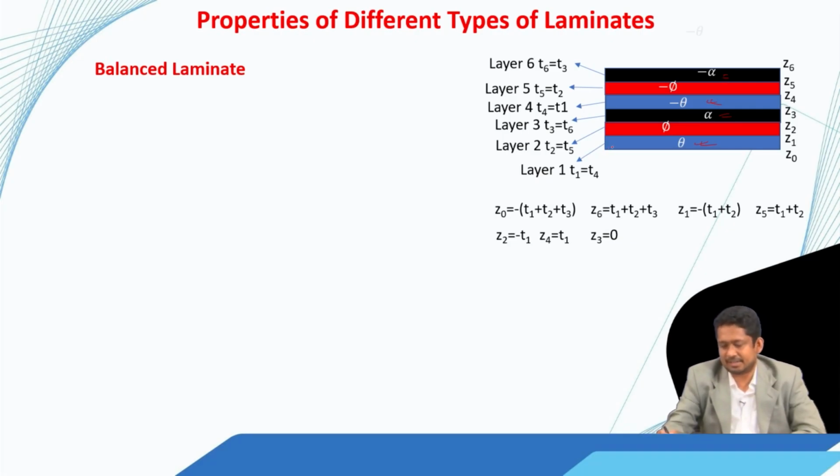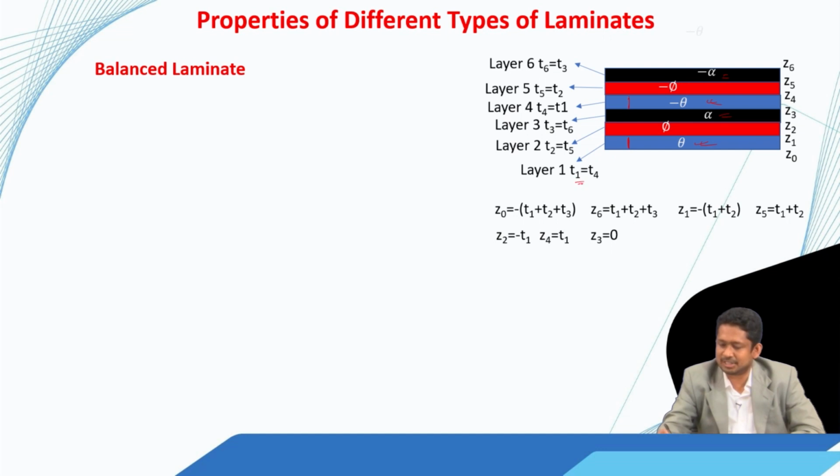The T's are again the same, but here we have to have those plies with the same magnitude of theta with the same thickness. So, for example, here this blue ply is balanced by this blue ply.